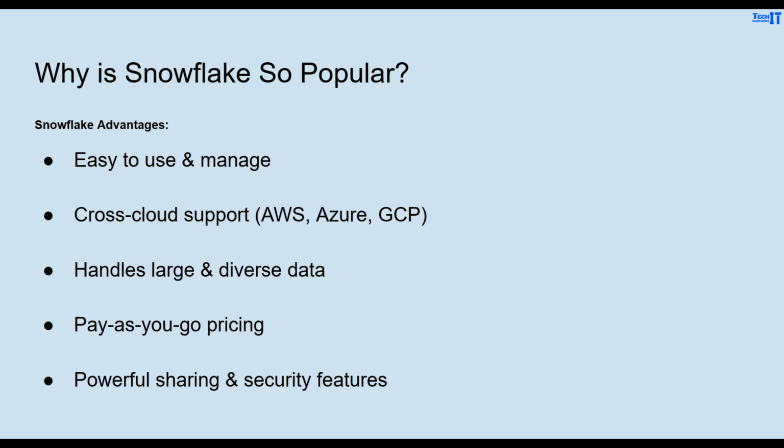Snowflake has become incredibly popular because it is easy to use, works across major cloud platforms such as AWS, GCP, and Azure, and can handle massive data sets, whether they are structured, semi-structured, or unstructured. The pay-as-you-go pricing means you don't waste money, and the built-in sharing and security features make collaboration safe and simple.